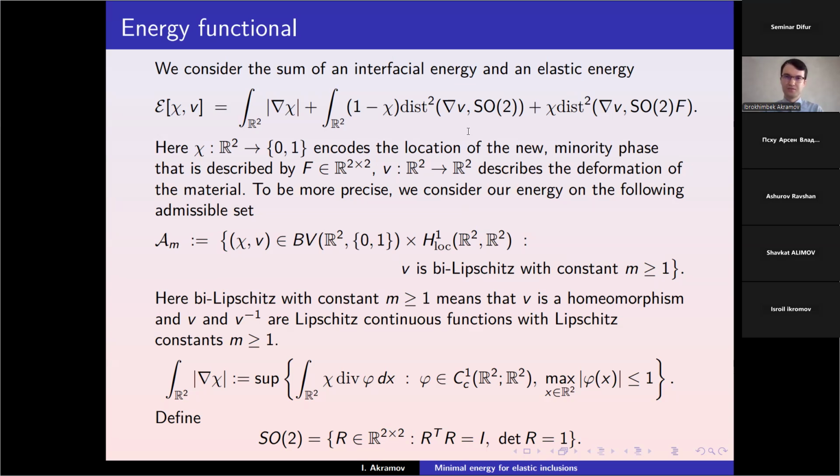And I think maybe chi is one on one material and equals zero on the other. And there must be some surface if there is interfacial energy, energy when these two kinds of material are touching each other. But I cannot see any surface. Maybe it will be later, or no.